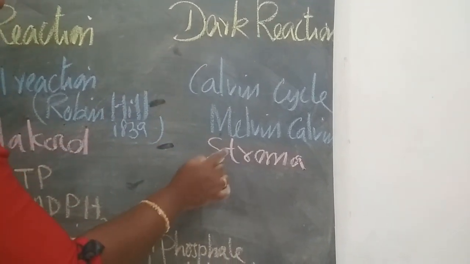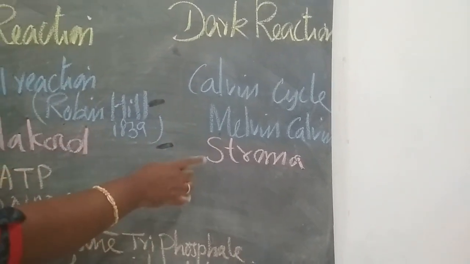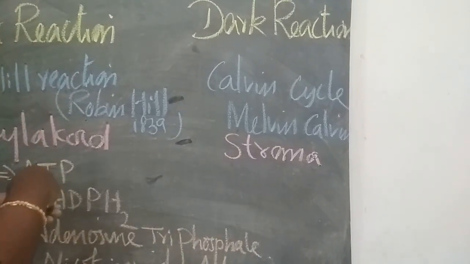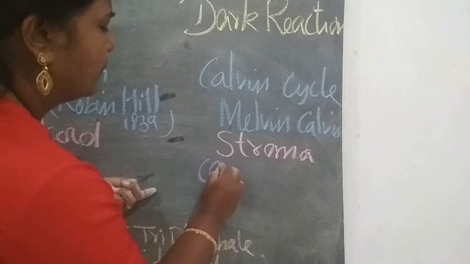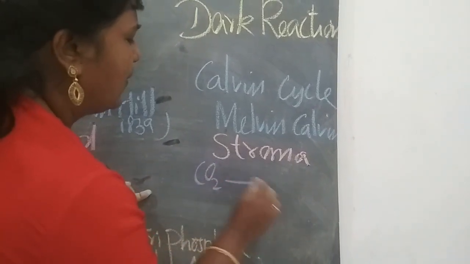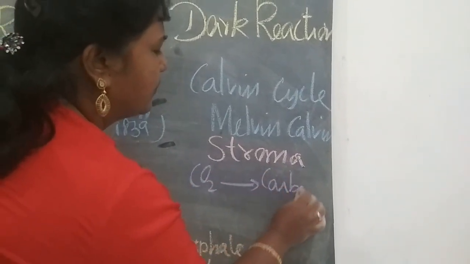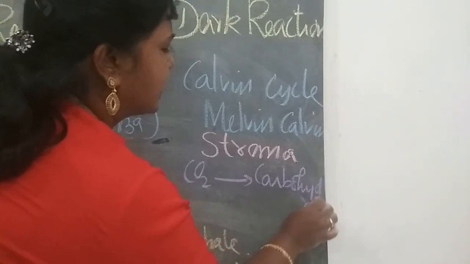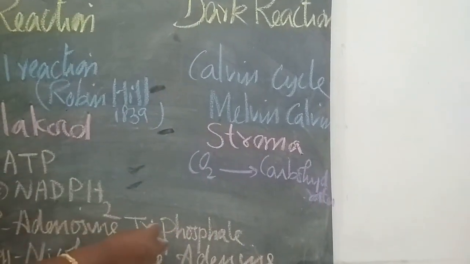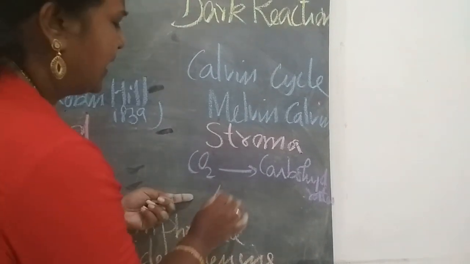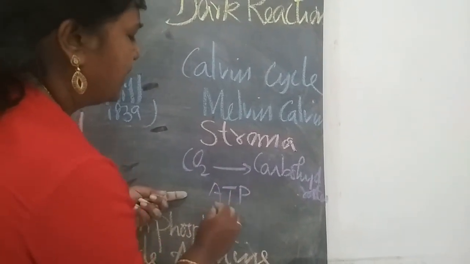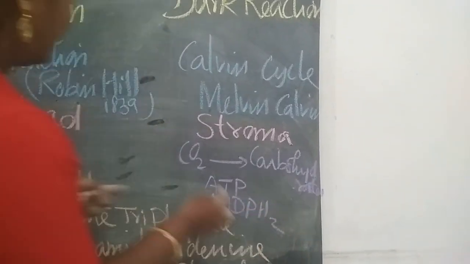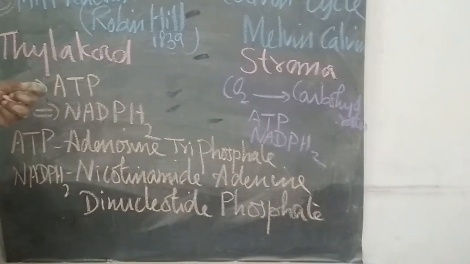Here the carbon dioxide is reduced to carbohydrates in the presence of ATP and NADPH2, which we have got from light reaction.